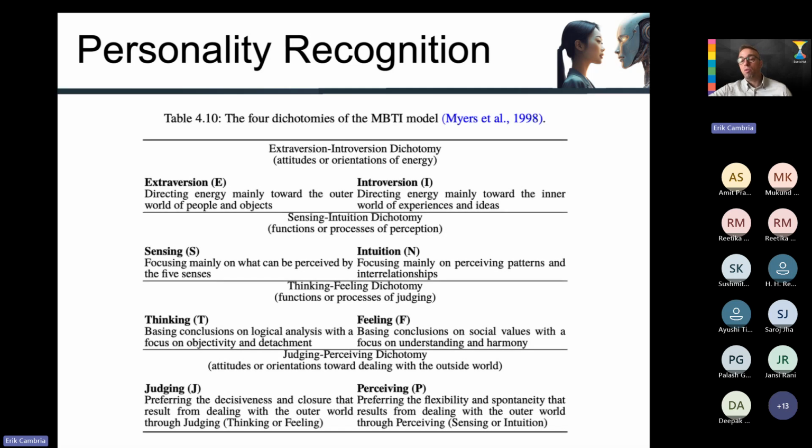Recently, one other model that is more popular is MBTI, Myers-Briggs personality traits, which is maybe the one that you know better. These are those types like INTJ or ESFP and so on.